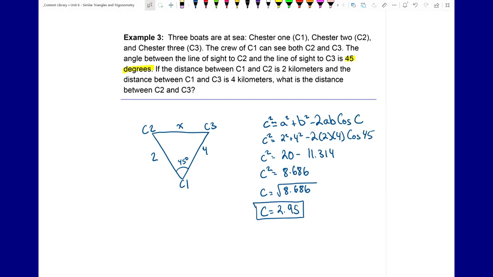Again, because it's a new concept, make sure that you are practicing. Practice putting it into your calculator. There's no rearranging of the equation except for the square root at the end. But make sure you can enter this into your calculator correctly, or tell your calculator to use the order of operations.